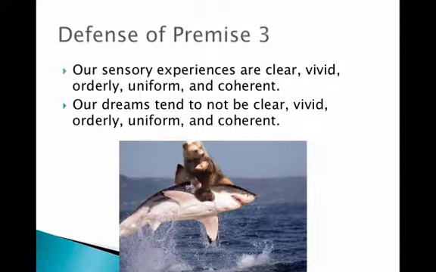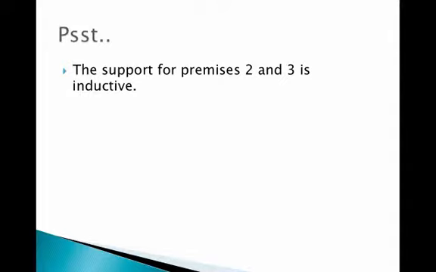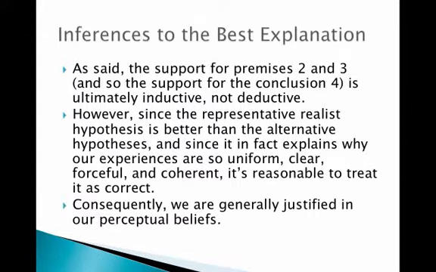Well, that just leads to the conclusion then. I note, though, that the support for premises 2 and 3 is inductive, not deductive. It's a very high probability that those premises are true. So the support for premises 2 and 3, and so for the conclusion, is ultimately inductive, not deductive.